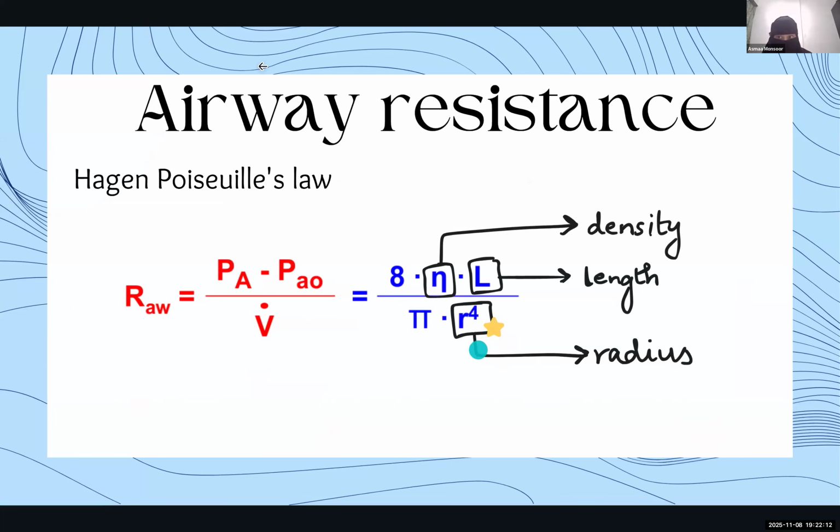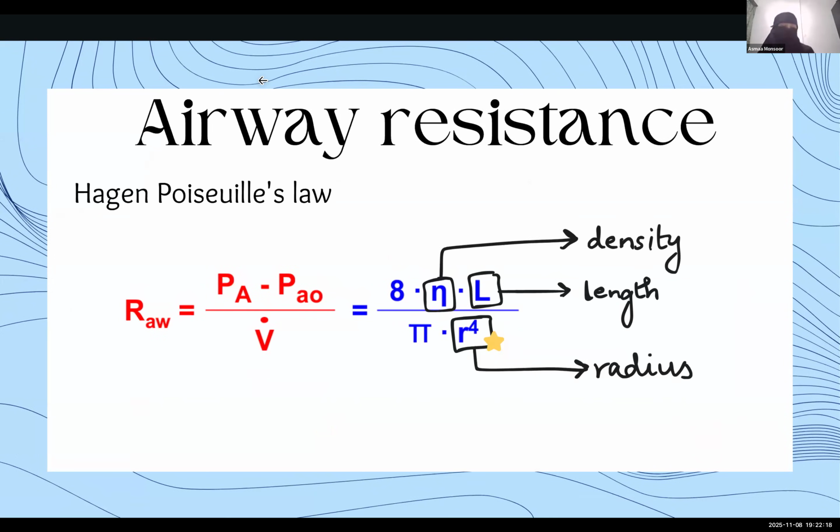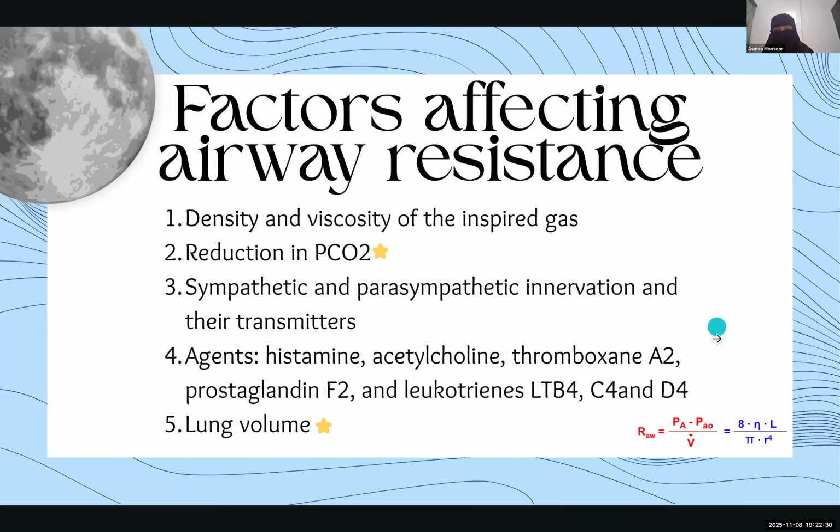The resistance is going to increase or decrease? Increase. Yes, you're right. If the radius decreases, the resistance will increase. All right. So the opposite happens if the radius increases or the bronchi is bigger, the resistance is going to decrease. This is basic sense, but yes.